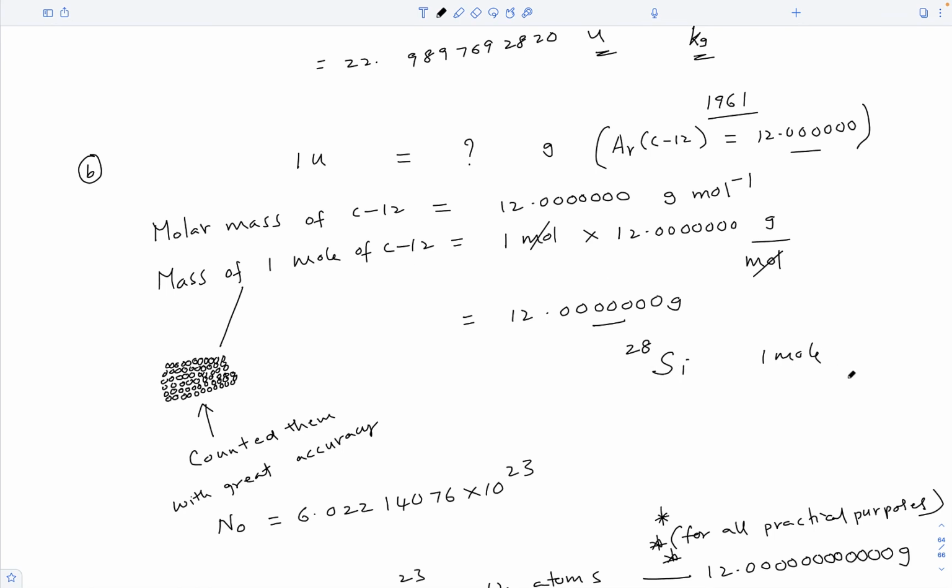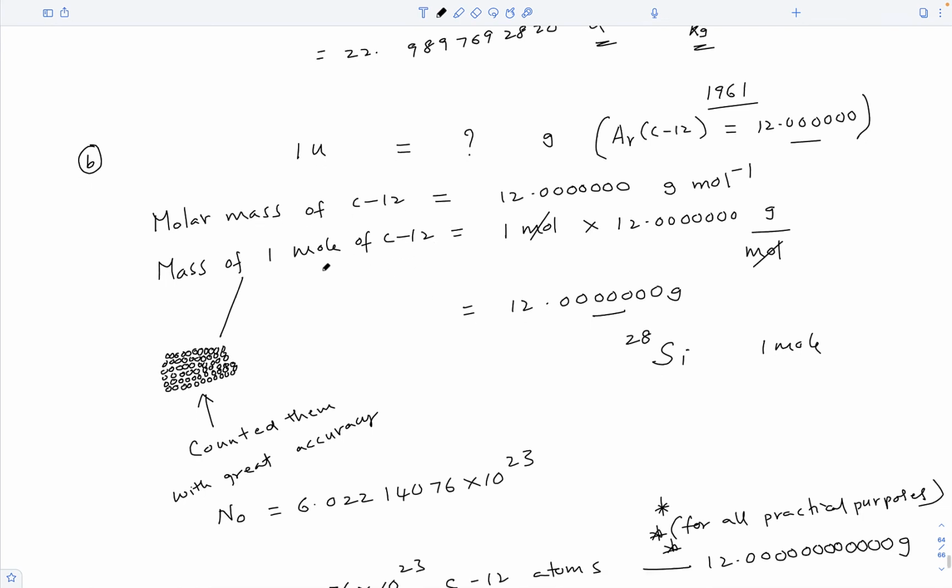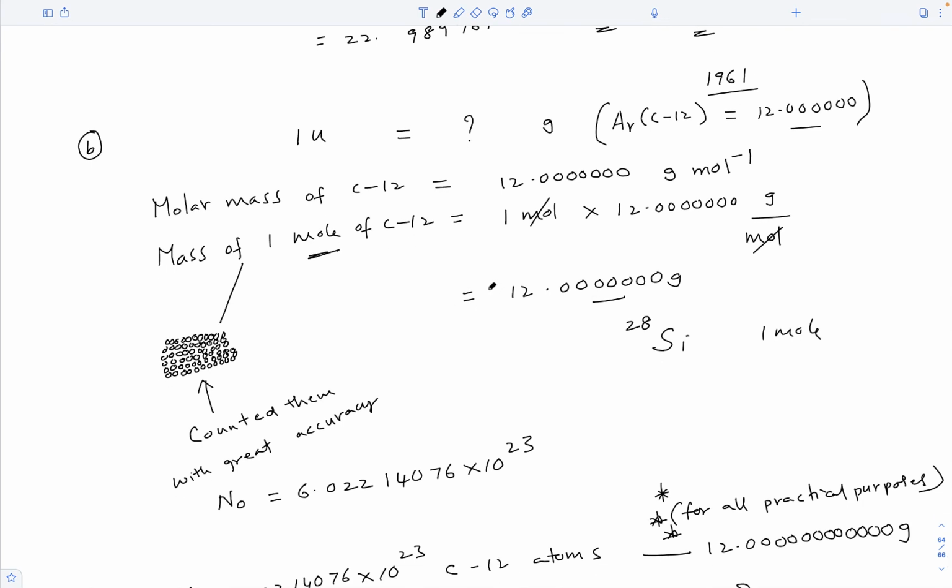And 1 mole of any substance has the same number of particles, right? We don't have to get into those details, but understand that we experimentally determined very accurately the number of C12 atoms present in 1 mole or 12 grams of C12.